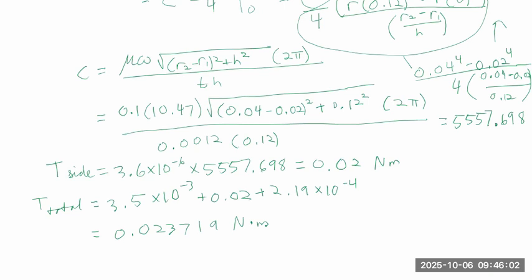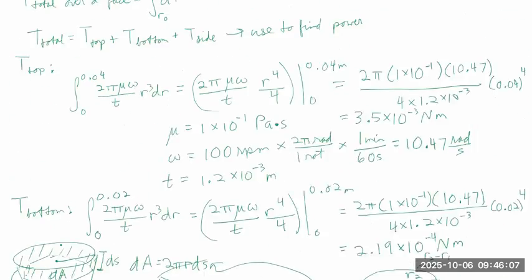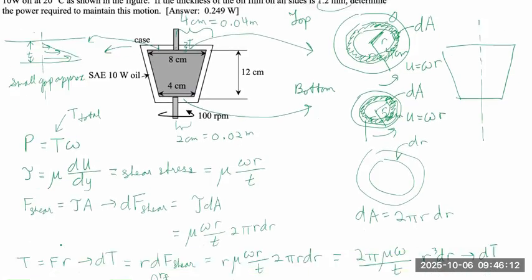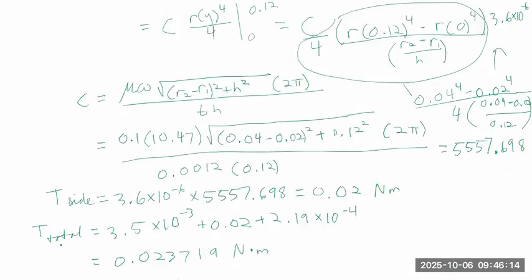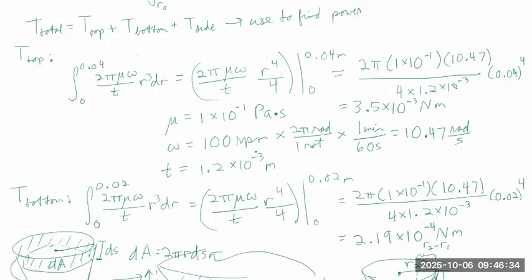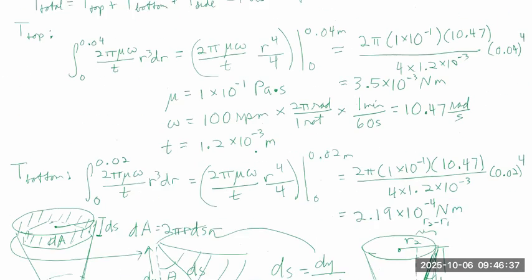So power, as we said at the very beginning, is equal to torque times the rotational velocity. So power is equal to T total times rotational velocity, which is equal to 0.23719 times, what did we say rotational velocity was?